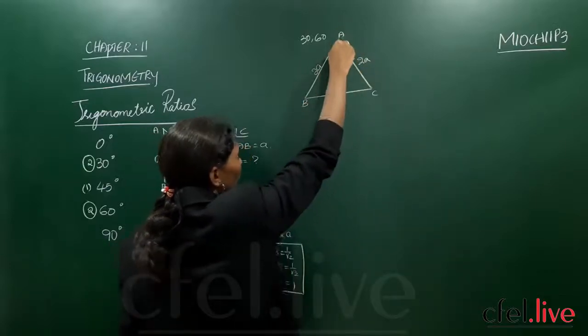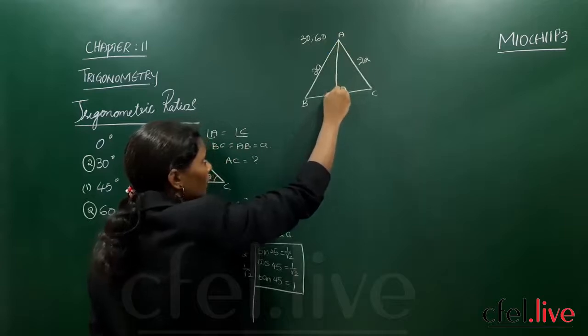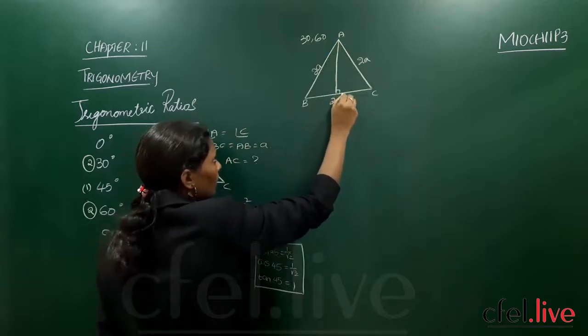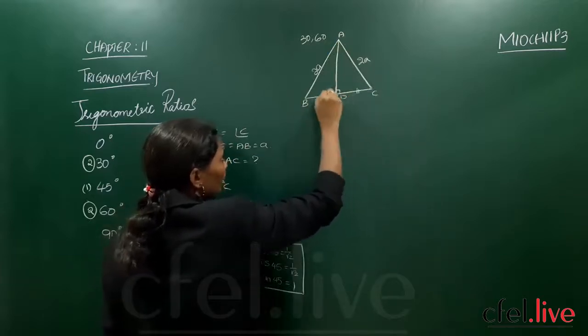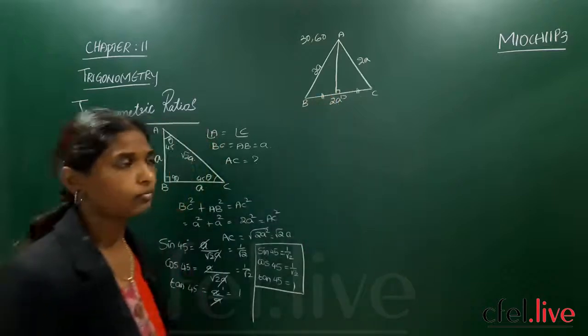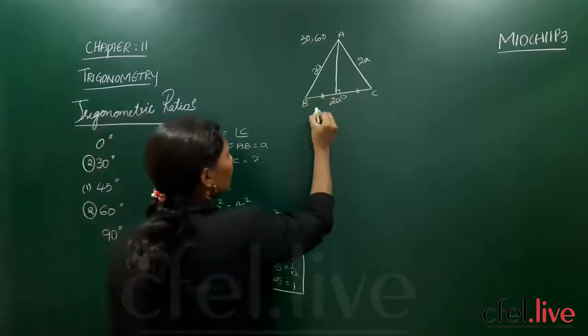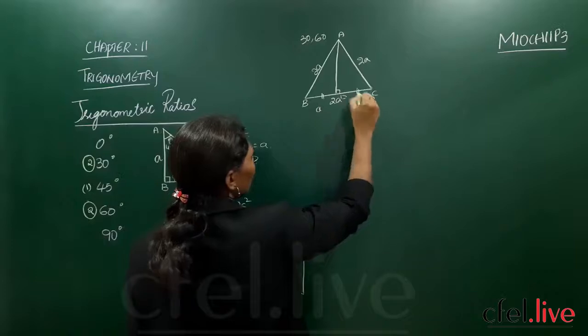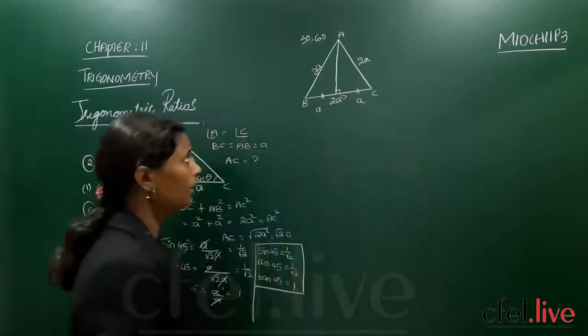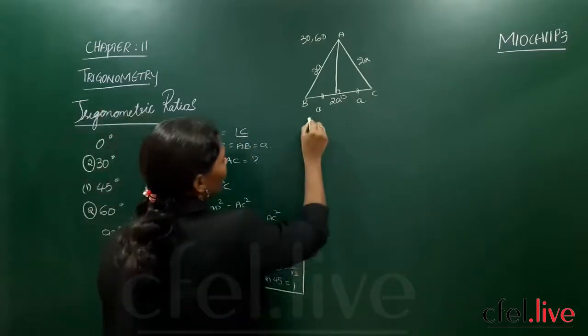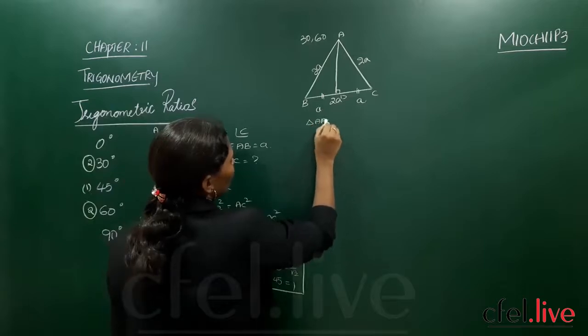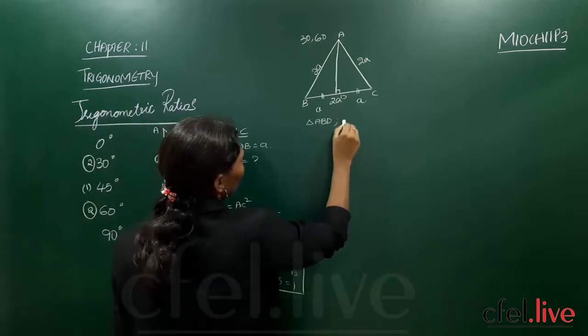Now I have drawn a perpendicular bisector and this line AD is dividing BC into exactly two equal parts. Then BD will become A and DC will become A. Now from triangle ABD, what is AD?